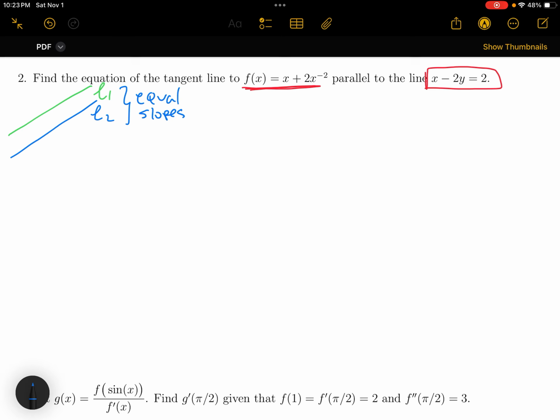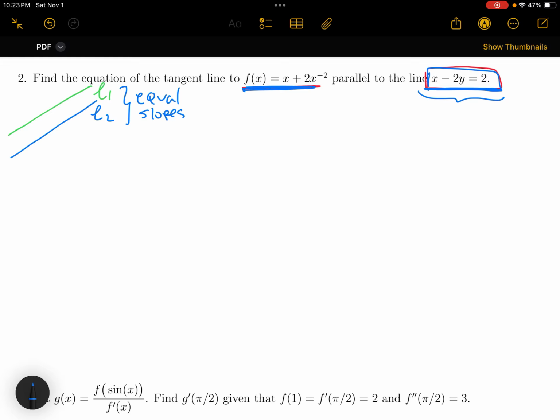So if the tangent line to this graph is parallel to this line, that means that the slope of the tangent line is going to be the same as the slope of this line right here. So let's first figure out how much is that slope.